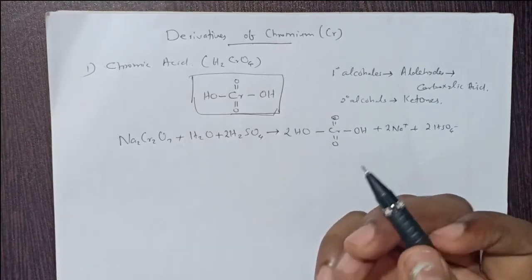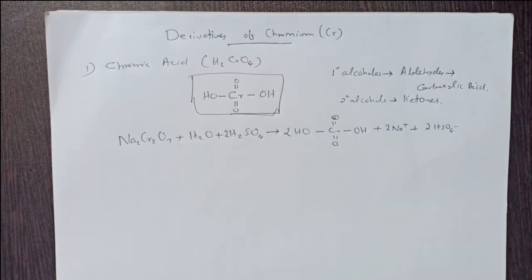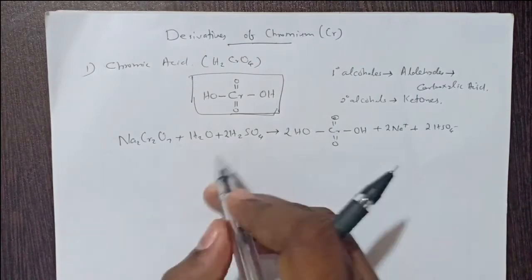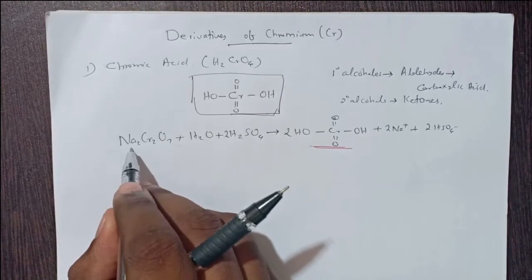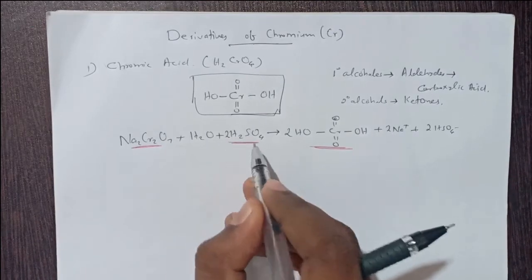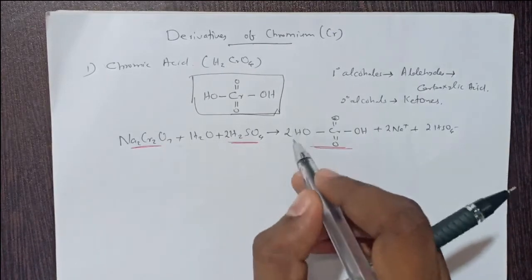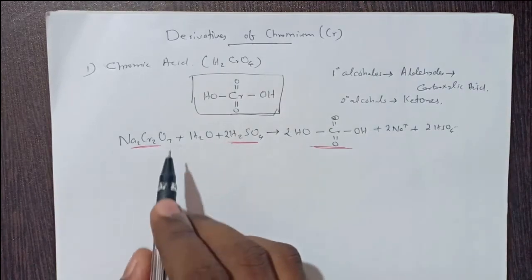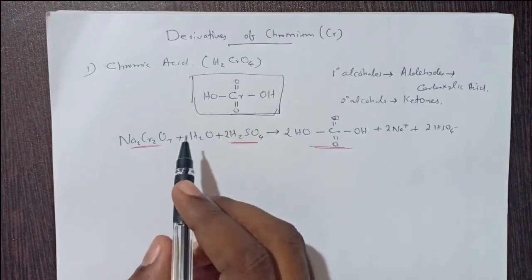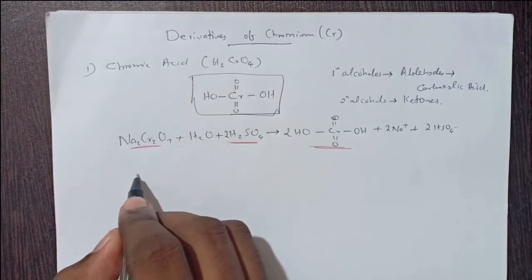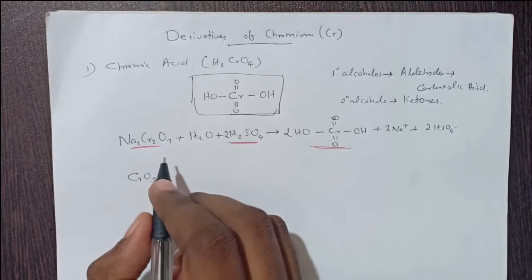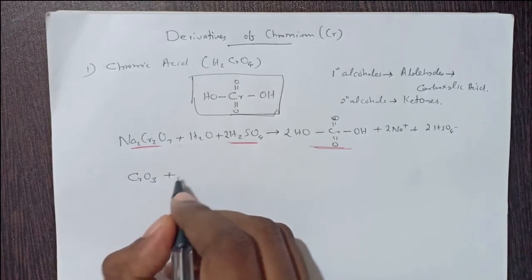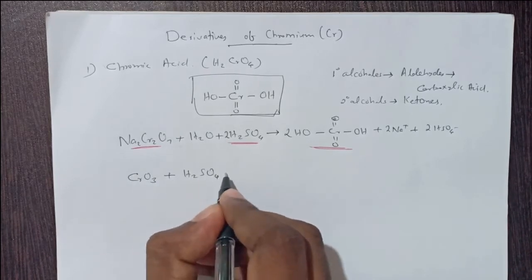We can prepare this chromic acid reagent by mixing sodium dichromate with sulfuric acid. Another method for the preparation of this chromic acid reagent is simply by adding CrO3, that is chromic oxide, with dilute sulfuric acid H2SO4.